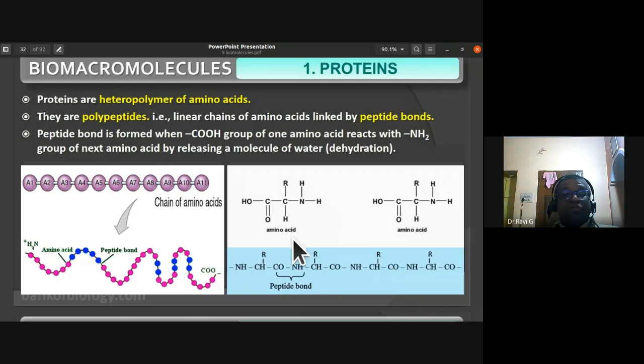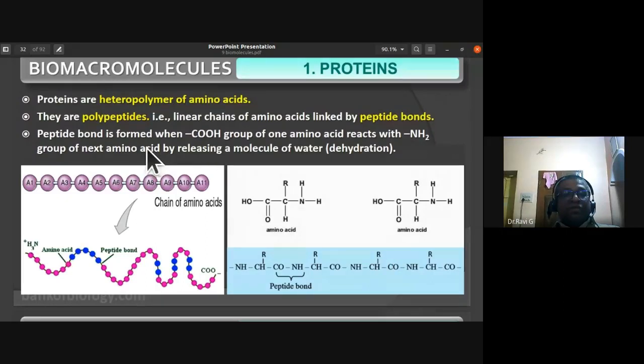So a molecule of water is released, and this carboxylic group of one amino acid gets attached to the amino group of another amino acid to form a peptide bond. You can notice here, by the release of water or dehydration, these peptide bonds are formed. So the proteins are also called polypeptides, that is linear chains of amino acids linked by peptide bonds.